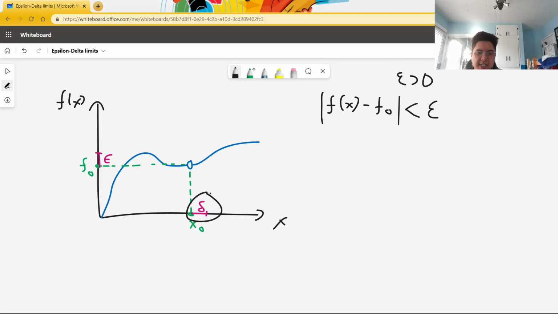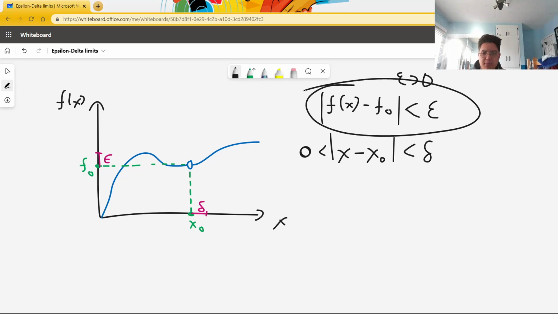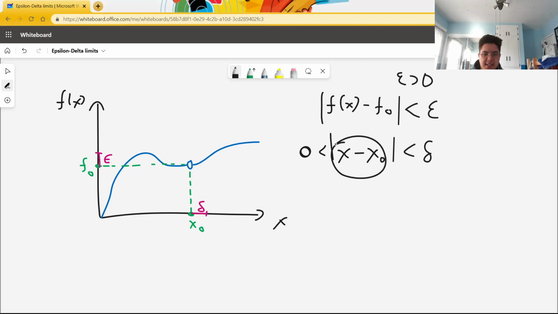We need to find a delta such that when the distance between some value x and the limit point x0 is less than delta and greater than 0, then this statement is always true. That is, for any x that's in a certain range delta of x0, the values of the function for that x will be in the epsilon range of f0.